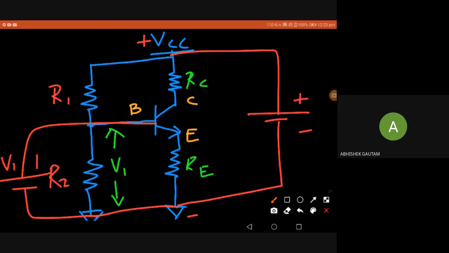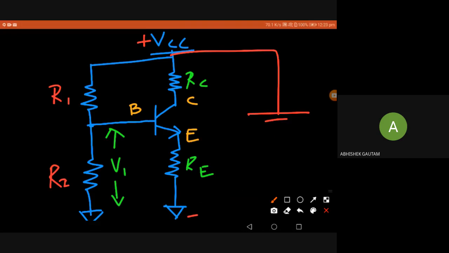Now I'll go back to our earlier circuit. Yeah, this is our circuit. Now we have VCC, and R1, R2 in the base circuit, which gives a voltage V1, just the drop across R2, to the base of the transistor. This is another type of circuit, also called voltage divider biasing. Why is it called that?